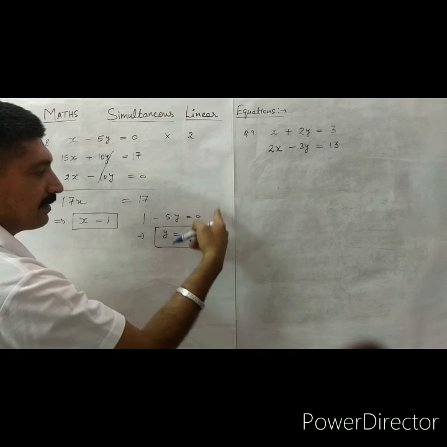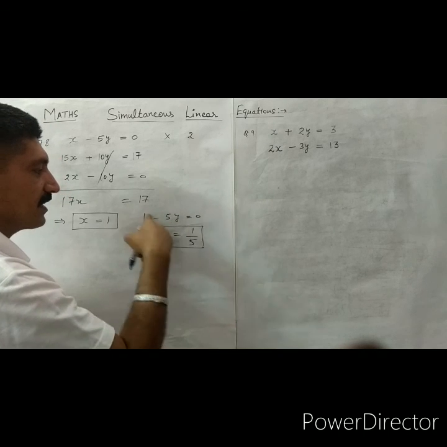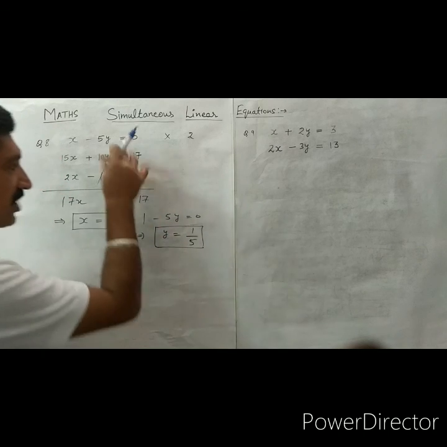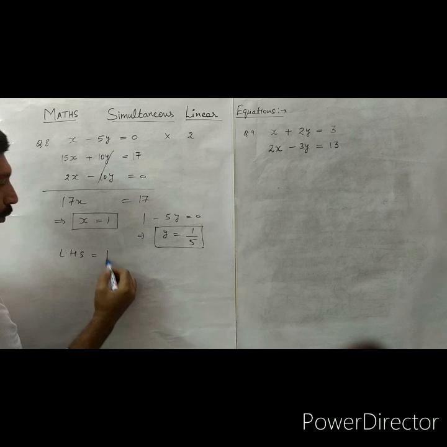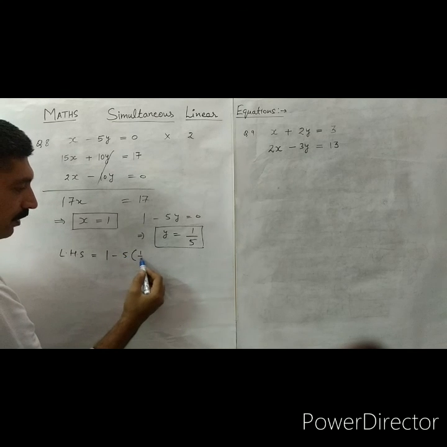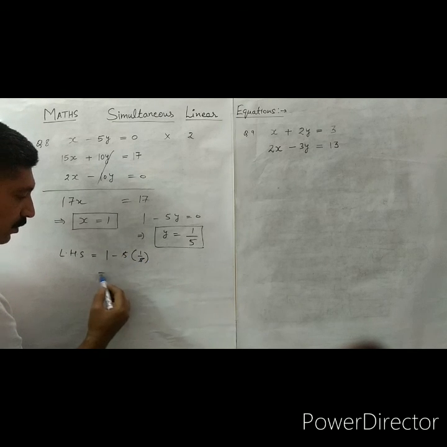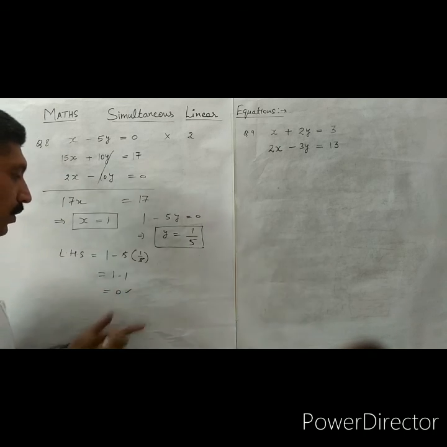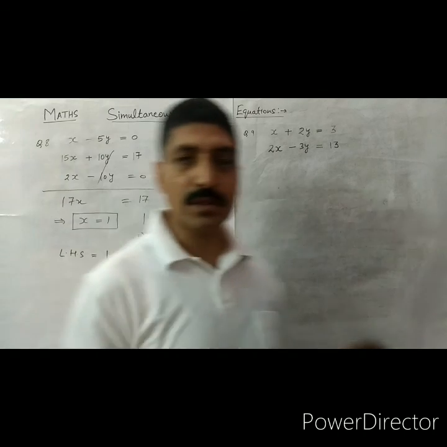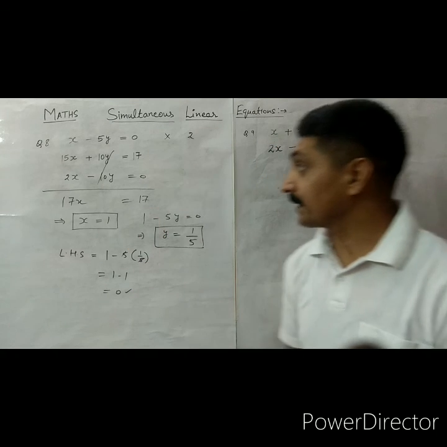First, minus of 5y becomes plus 5y, and y is equal to 1 upon 5. So we can check the solution here. In the left hand side of equation 1, we have 1 minus 5 into 1 upon 5, which is equal to 1 minus 1, which is equal to 0 here. So both the solutions are right.